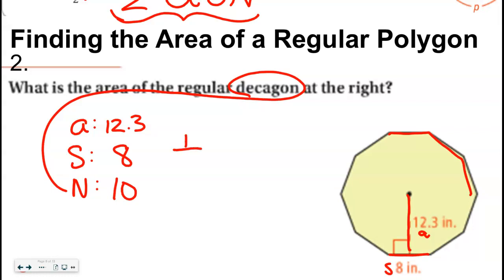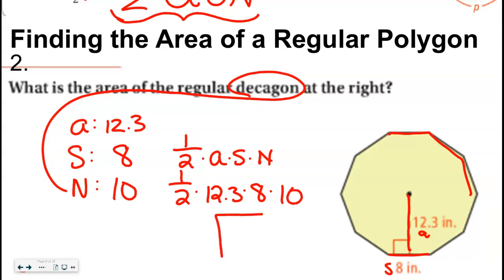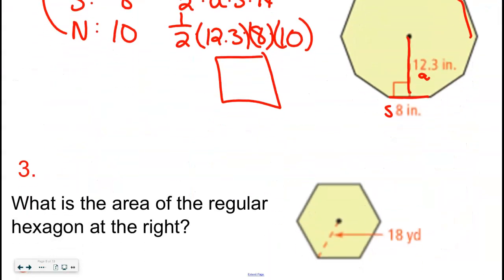So you would do 1/2 A, S, N, and you're just going to plug them in. So 1/2 times 12.3 times 8 times 10. You would go to your calculator and calculate it. But to save time today, I'm going to just trust you could work your calculator. Okay? And I think I'm going to use parentheses for multiplication just to clear up decimals versus times. Okay? So that one, you just go to your calculator, and again, we label it inches squared.